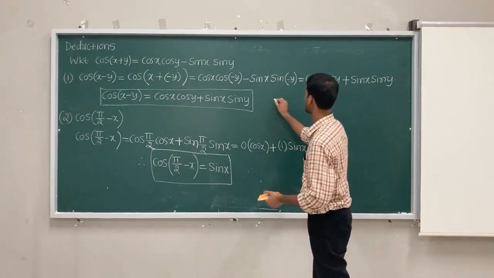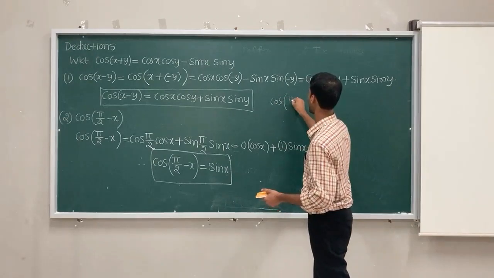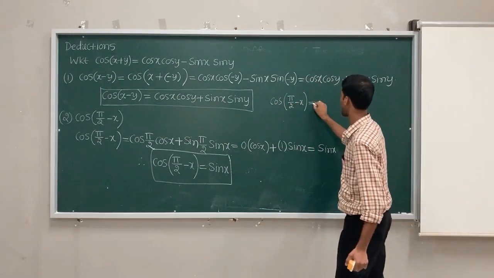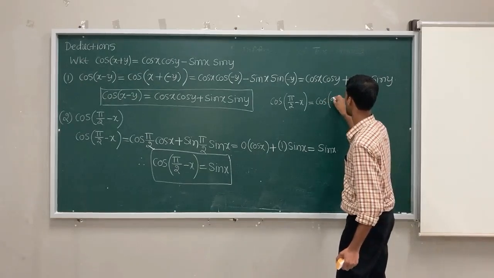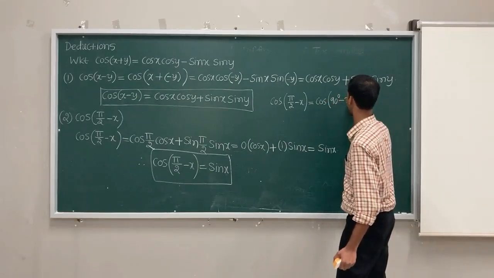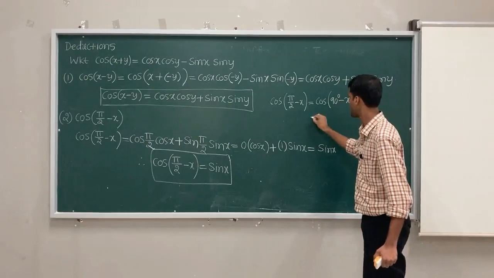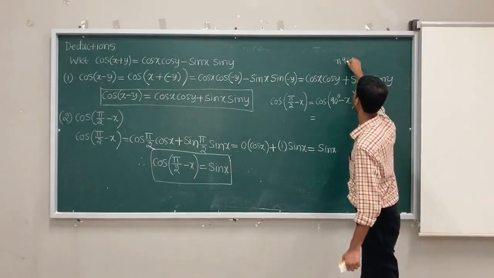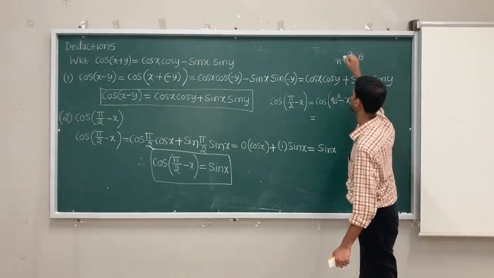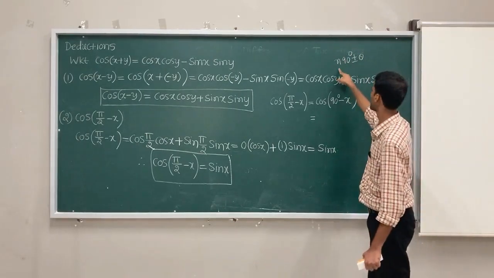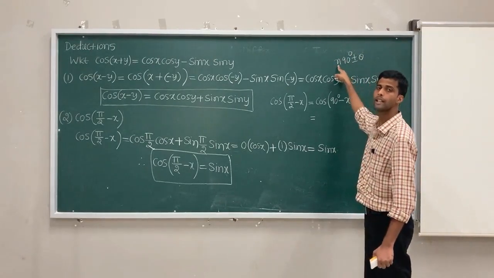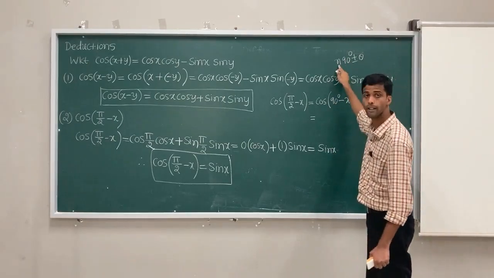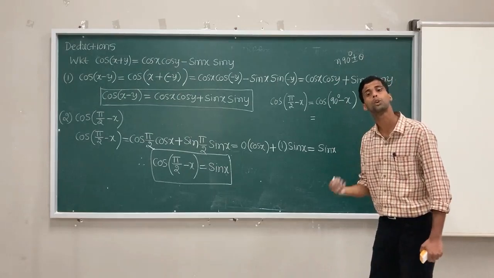Cos of pi by 2 minus x can be written as cos of 90 degree minus x. I told you that day, if any number is of the form n into 90 plus or minus theta, if n is even, function will remain function only. If n is odd, function will change to co-function.